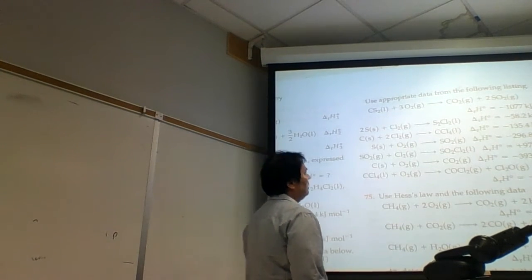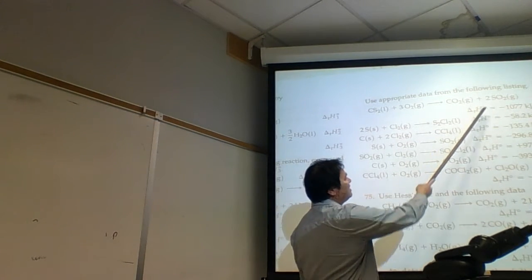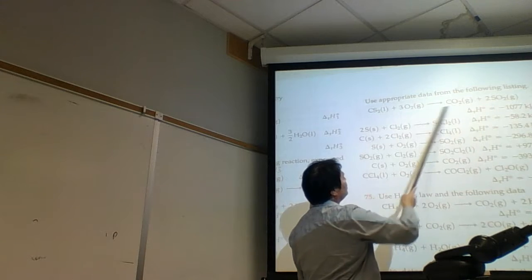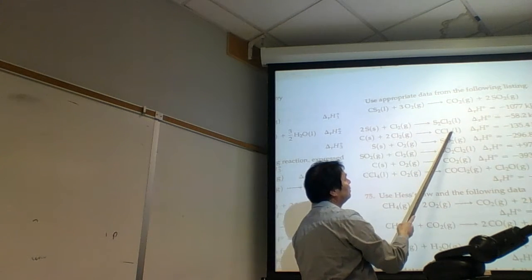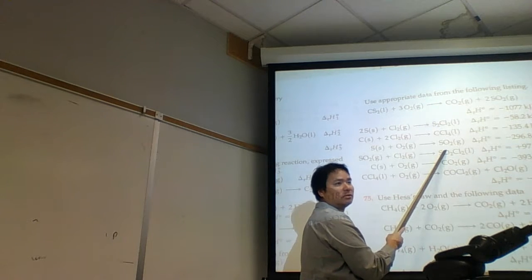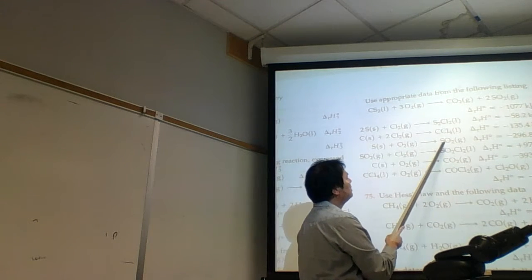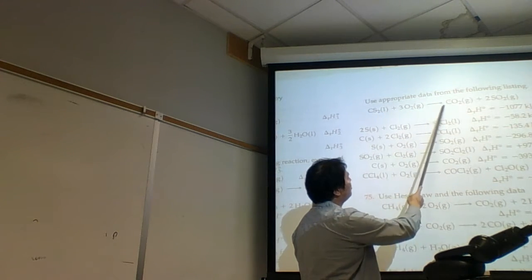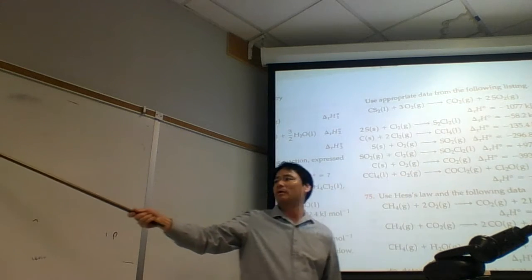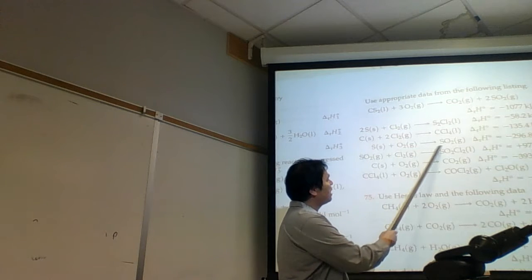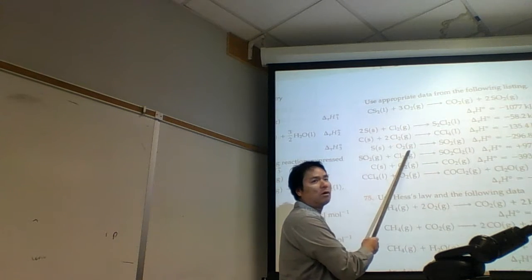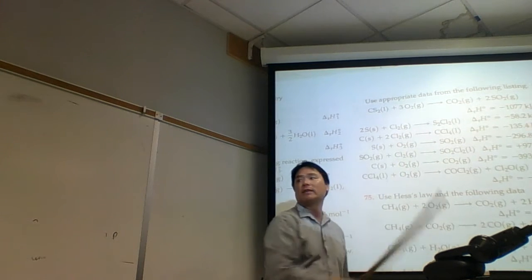When we take a look here, we're lucky, because in this case we have reaction 1 that has an SO2 and reaction 4 that has an SO2. And so this way we don't have to reverse reaction 1 and then do what we just did. In this case, we're going to reverse reaction 4 and then add that.